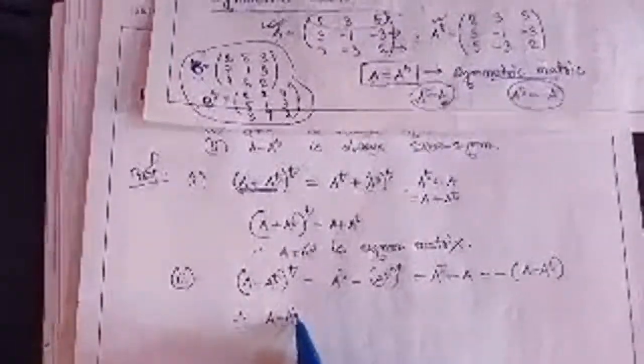So A minus A transpose whole transpose equals A minus A transpose with a minus sign, so a matrix's transpose equals minus of that matrix. So we can say A minus A transpose is a skew symmetric matrix.